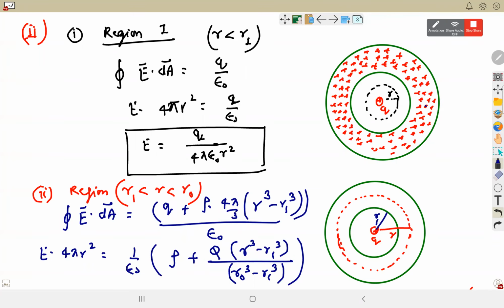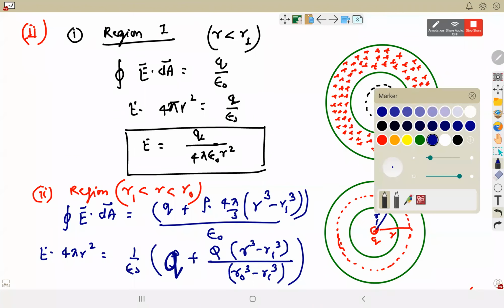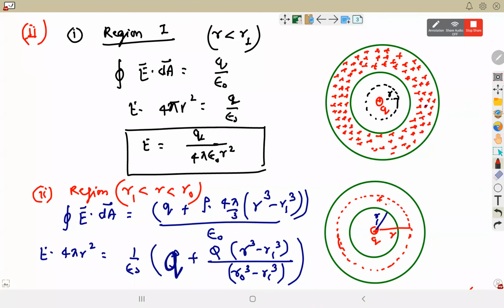Sorry, this is small q. Small q plus capital Q times R cube minus R1 cube. So we just have to add Q to the charge enclosed, the charge which is also present at the center of this cavity. So now we have to include this whole charge inside this Gaussian surface.